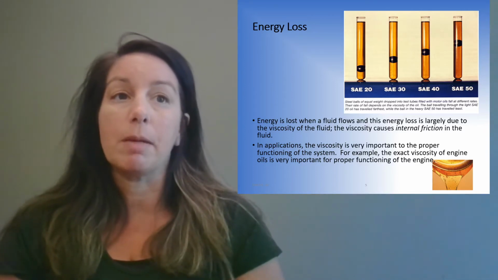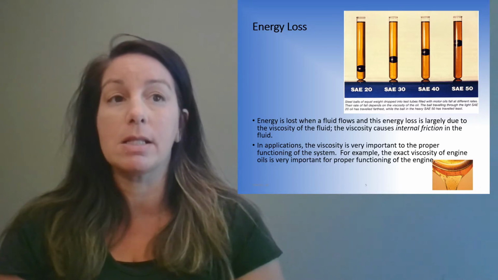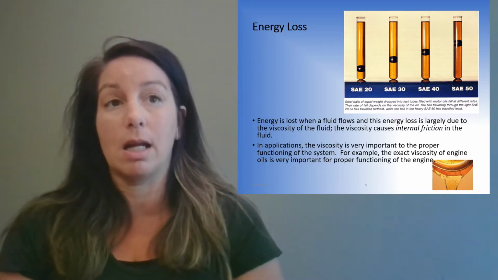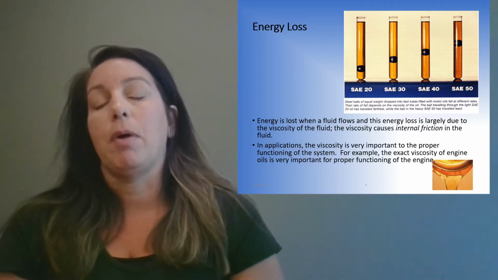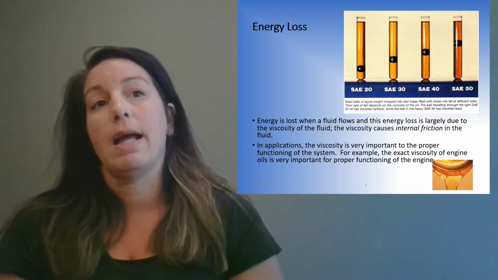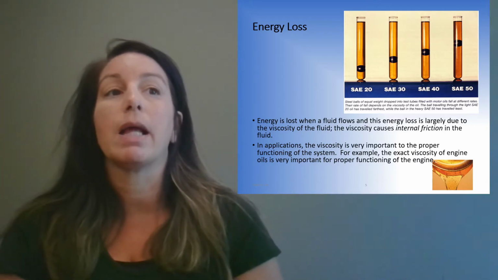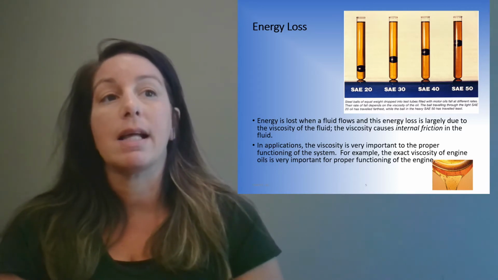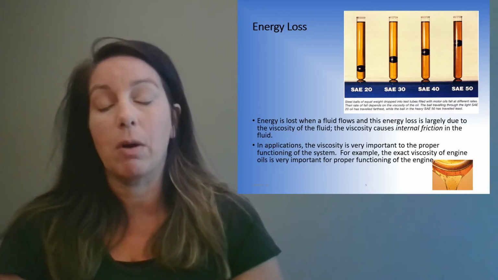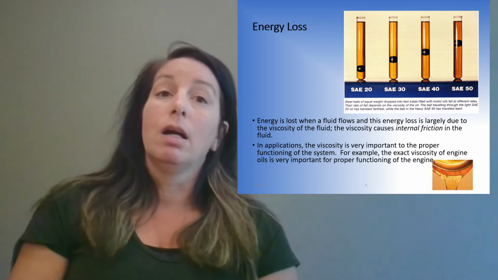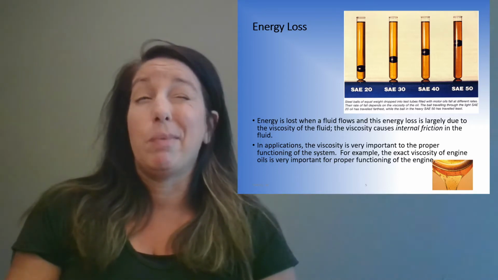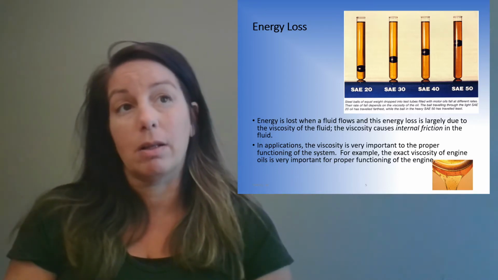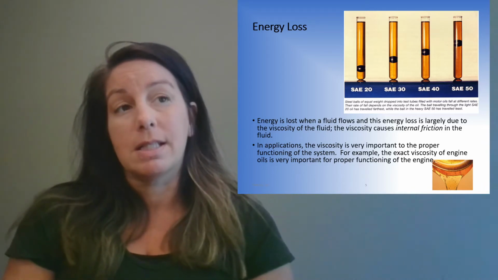And their rate of fall depends on the viscosity of the fluid. So the lower the viscosity, the faster the ball is going to fall. So the SAE20 probably has the lowest, and the heaviest, the SAE50. See, because they were all dropped at the same time. Although you can't see that in a picture, but trust me, they were.